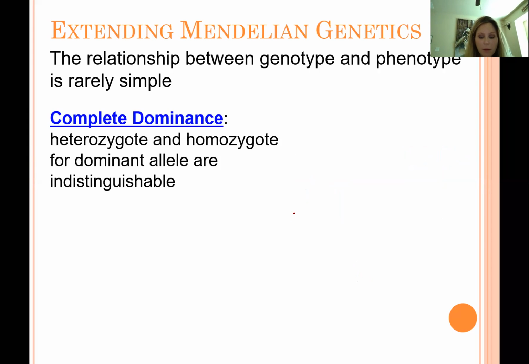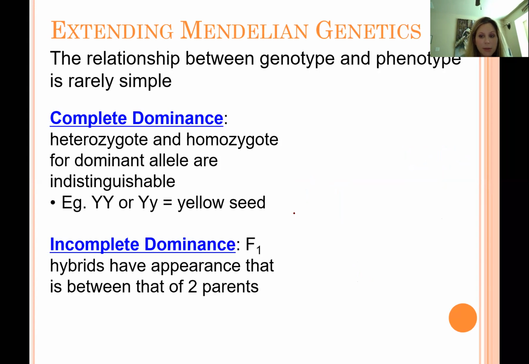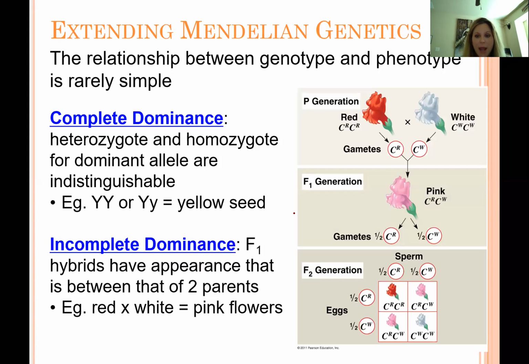There are, however, a couple of other types of inheritance that are called non-Mendelian genetics. That's why this says extending Mendelian genetics. So the one I want to talk about right now is called incomplete dominance. Incomplete dominance is where an in-between is going to be shown. Right here, I don't particularly like the way they do the letters on here.